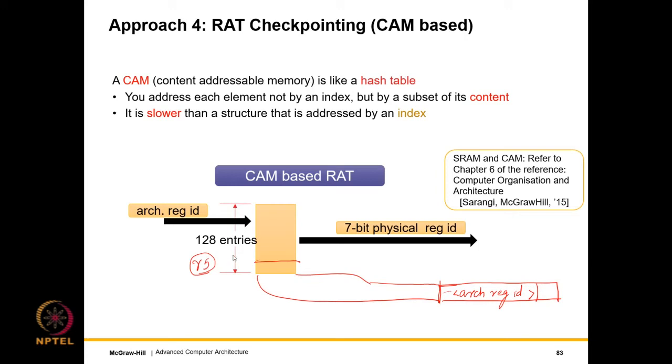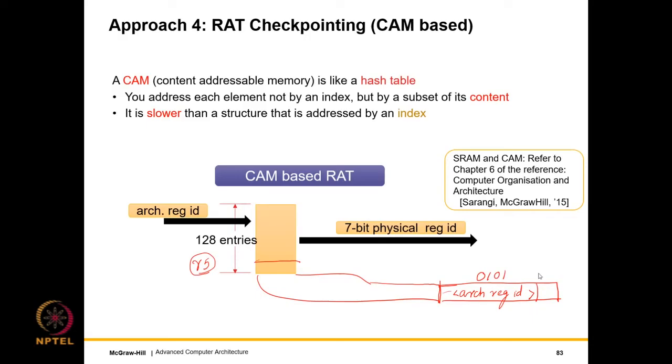In the previous approach I will just index the fifth entry, but in this case I'll not do that. In this case what I will search for is 5, which is 0101 in binary, and also the mapping should be valid. What we have discussed in the past is that there might be multiple physical registers that map to R5 in the pipeline at the same time.